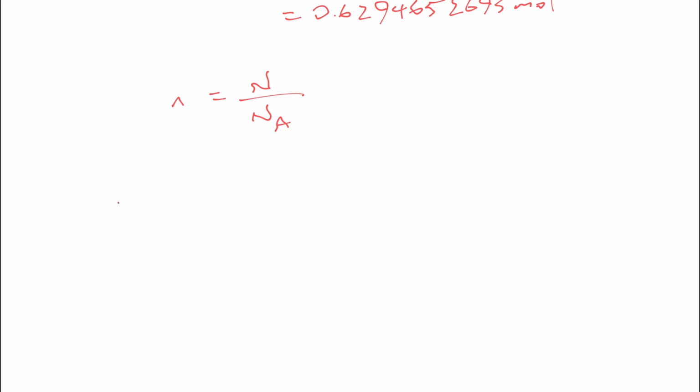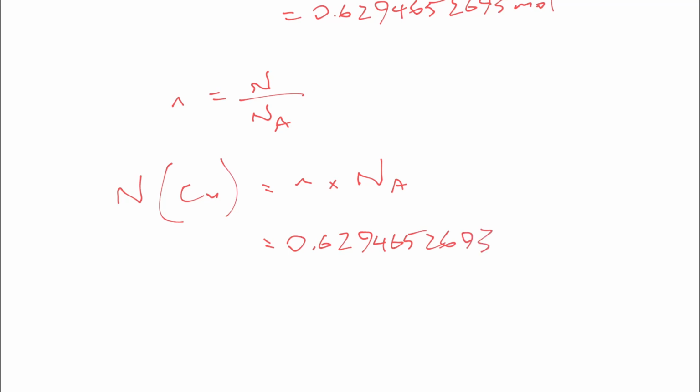Therefore, the number of particles, and let's say what we're talking about, we're talking about copper atoms, is equal to moles times Avogadro's number, which is equal to, well, the number of moles we've just calculated, 0.629465269, multiply this by Avogadro's number, 6.022 by 10 to the 23.